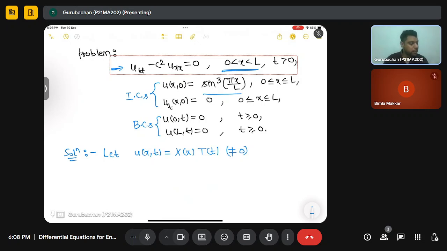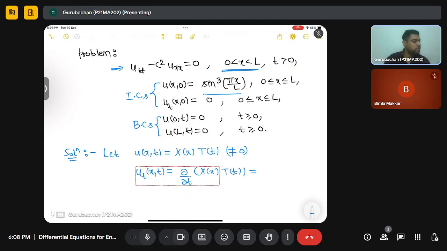So what will be the value of u_t(x,t)? Ut means you have to partially differentiate X(x)T(t), so this will be nothing but X(x)T'(t).